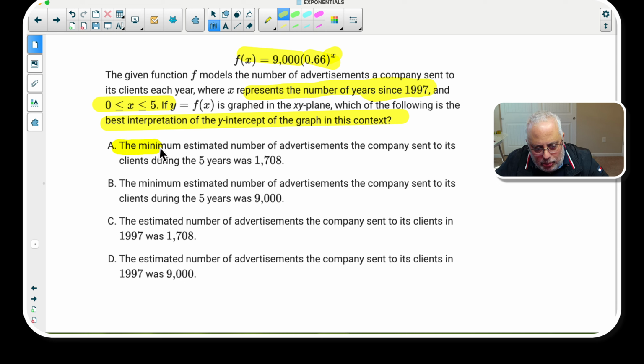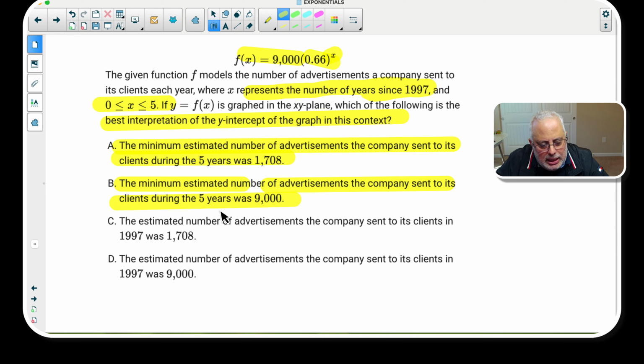So we have: the minimum estimated number of advertisements the company sent to its clients during the 5 years was 9,000?